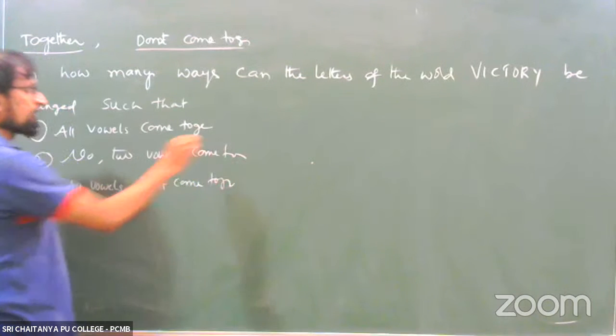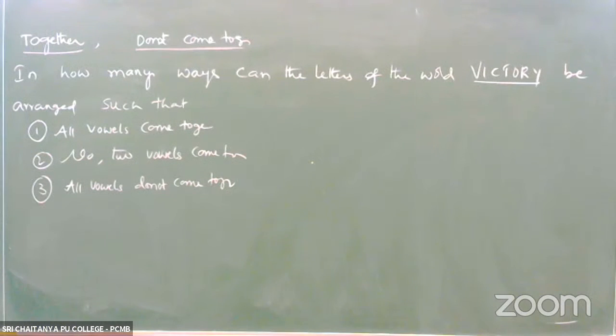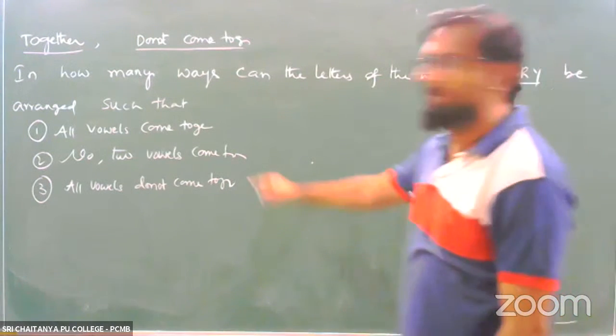See the problem what has been given to you. In how many ways can the letters of the word victory be arranged such that all vowels come together? Second one, no two vowels come together. There is a lot of difference between each and every problem which has been given here, right?